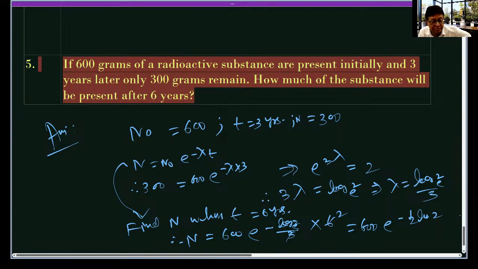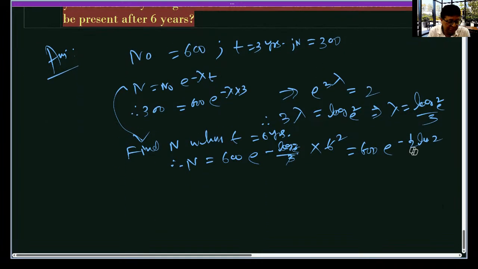Check once. Lambda is log 2 by 3. Log 2 by 3 put there, this into 6.